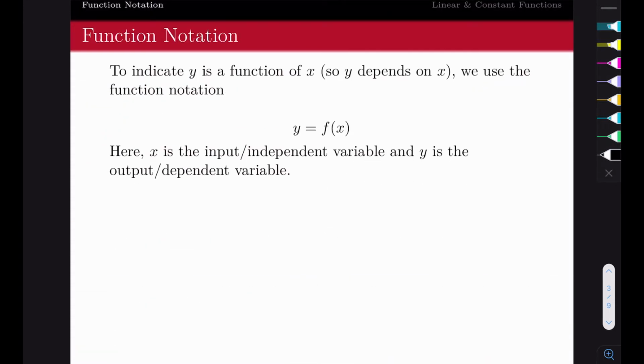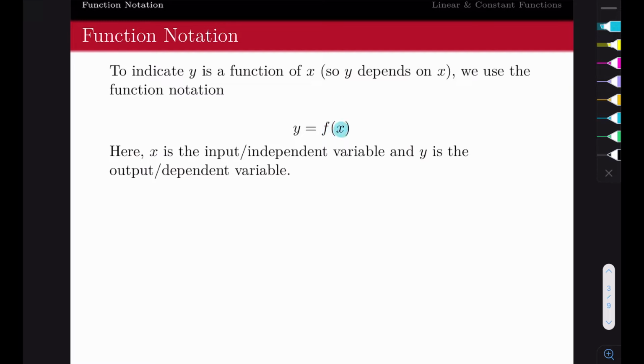So first and foremost, to indicate that something is a function, and again, y is our output, x is our input, so you can think of y as depending on x, we're going to use this notation y equals f of x. The reason we do this is the f is signifying it's a function, but it's also just a letter to name it.